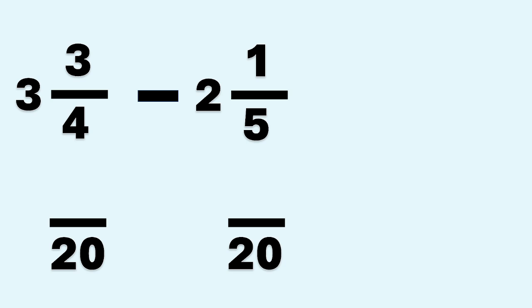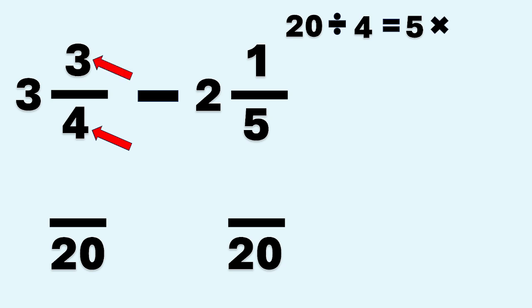First, we divide the LCD 20 by denominator 4. So 20 divided by 4 equals 5. Then multiply the answer by numerator 3. So 5 times 3 equals 15. So we have here 15/20.